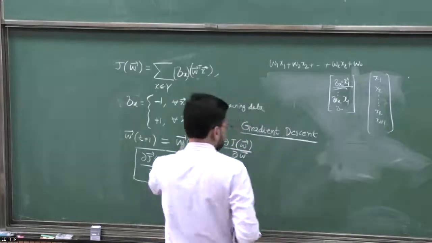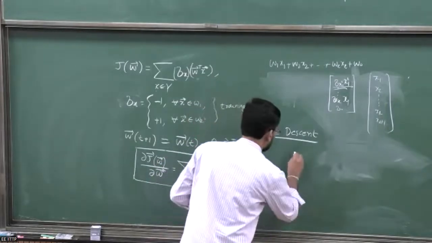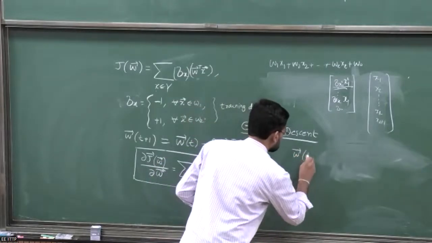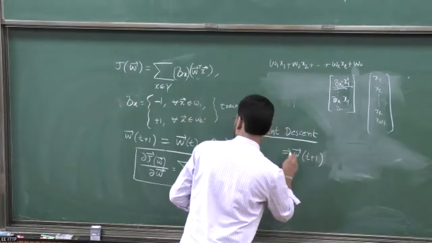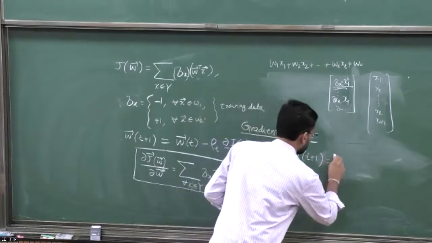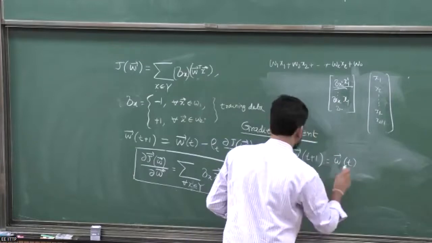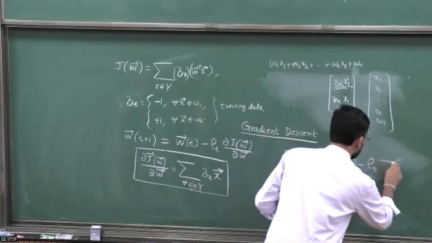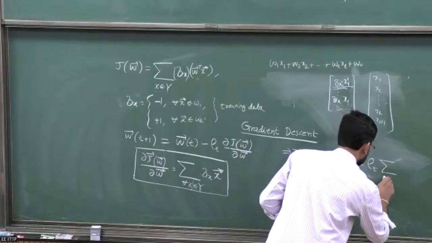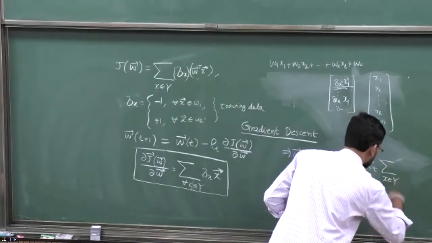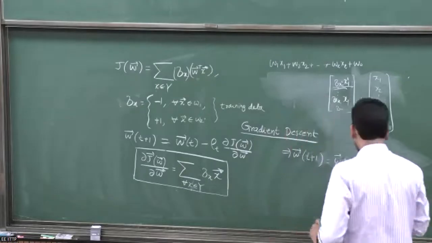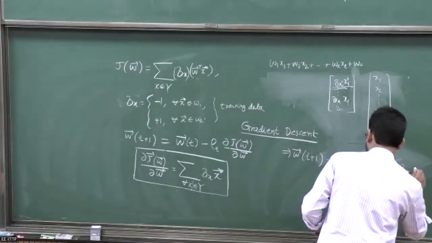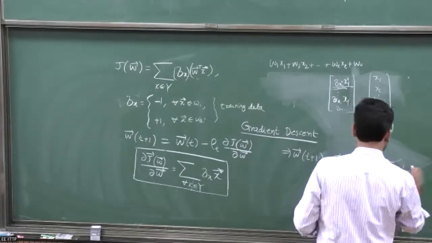Let me substitute that here. So that will give me W bar of t minus rho t into the summation, for all x that belong to the set of misclassified vectors, of delta x into x bar.